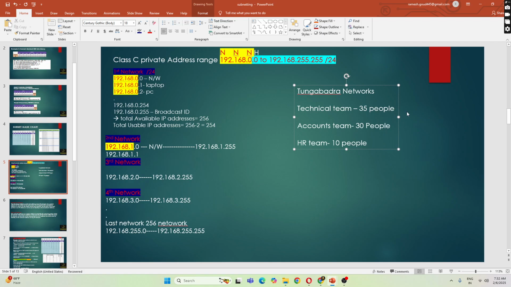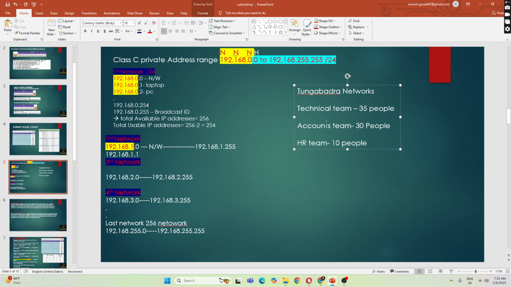How many IP addresses do I need? 35 IP addresses. Here I need 30 IP addresses, and here 10 IP addresses. So generally I'll take a class C IP address, because class C has the fewest IP addresses, maximum 254. I can use this, so I can assign one network to each team.